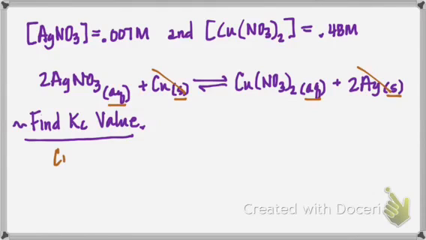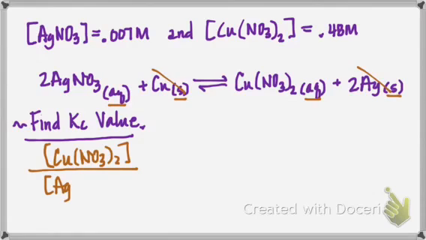I've got Cu(NO3)2, and I'm putting that in my bracket, and then I have AgNO3, and because I have 2 moles of that, I'm going to put that as squared. And that is my expression.